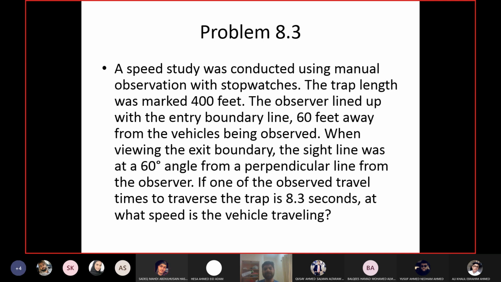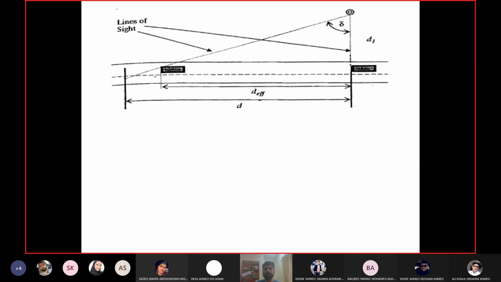When the observer looks at the exit boundary, the end point of the 400 feet, his line of sight makes an angle of 60 degrees from the perpendicular of the road. Let me show it to you here. This is the observer. D1 is 60 feet, the distance from the road.